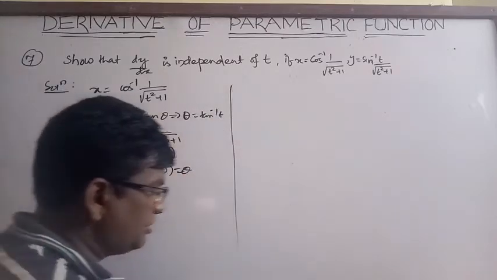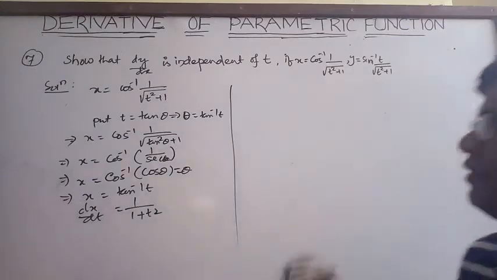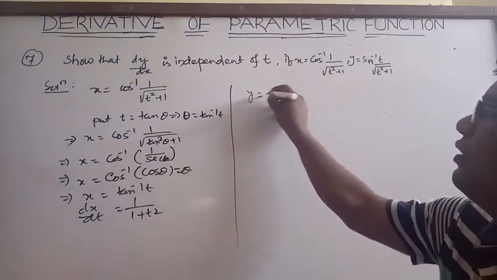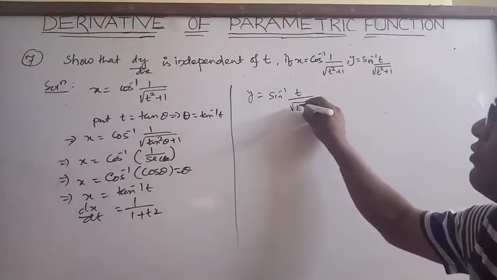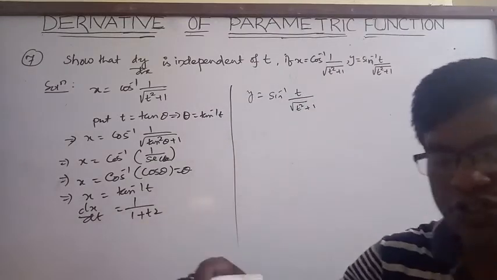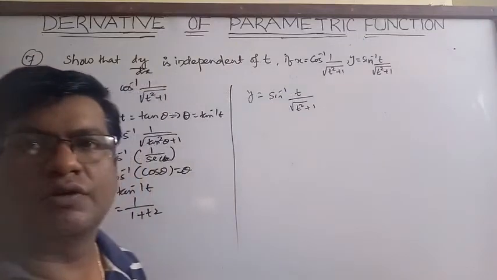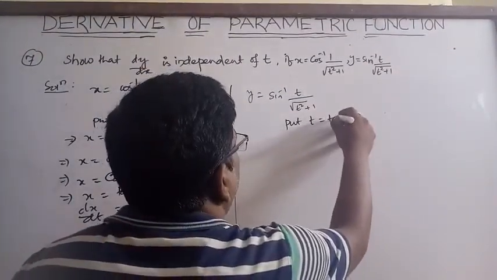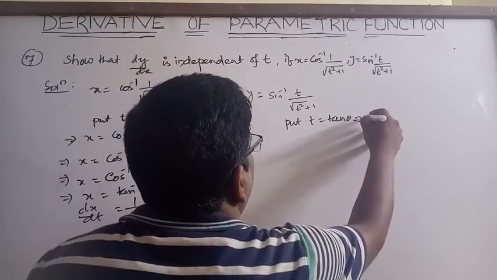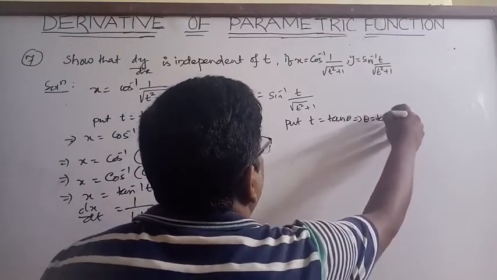Similarly, y is equal to sin inverse of t by root over t square plus 1. So put t equal to tan theta, and theta is equal to tan inverse t.